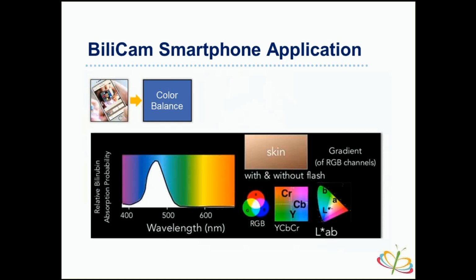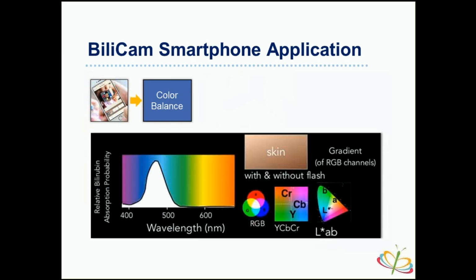All of that data is then sent to the servers and broken down into several key components. They're looking at various components of the color in terms of the hue, saturation, and gamma associated with the light and color that's reflected off of the jaundiced skin.